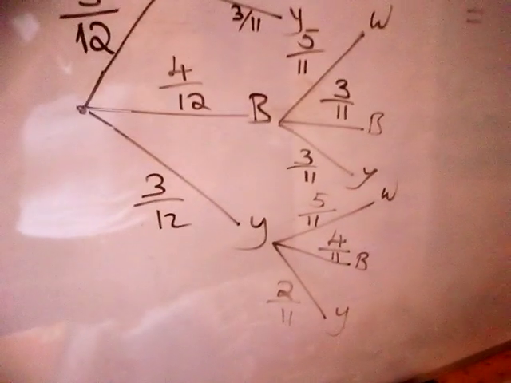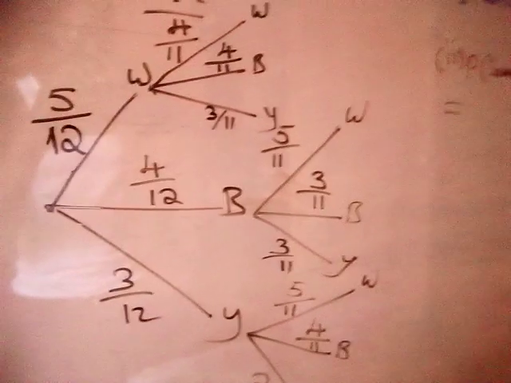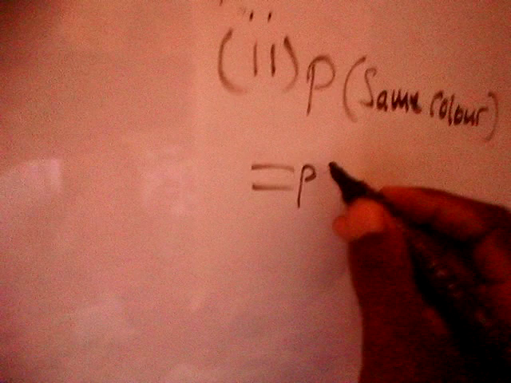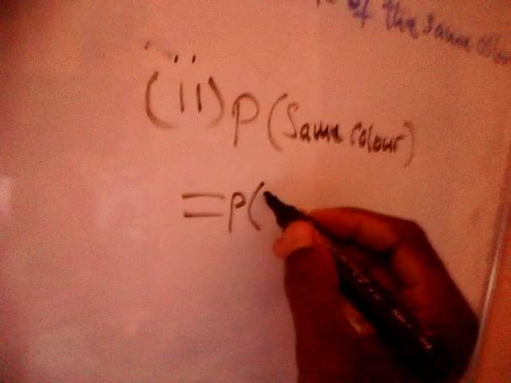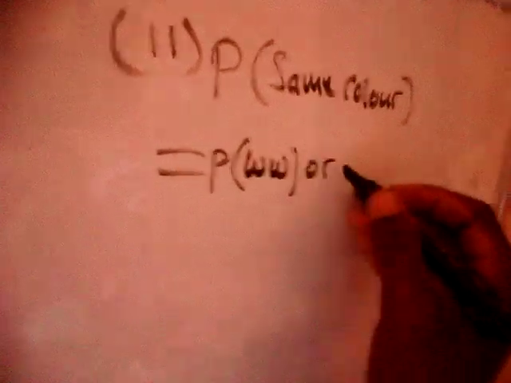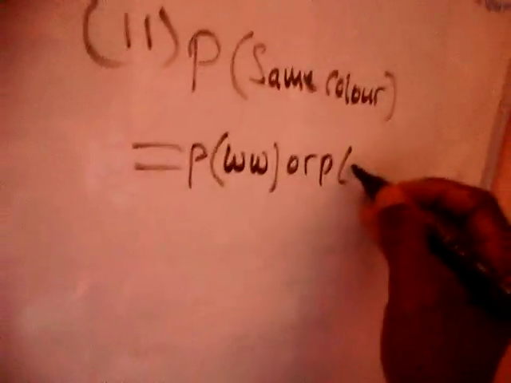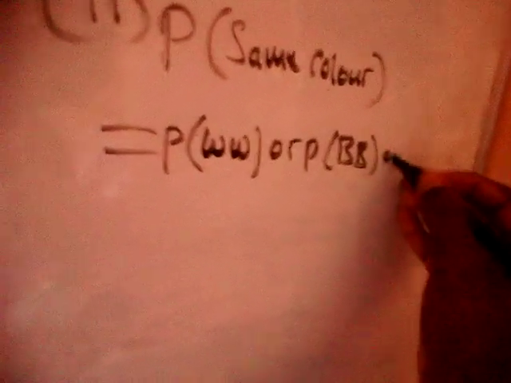That's what you need to do, because this is the probability of white, or the probability of blue, or still the probability of yellow. Then from there, we're simply going to add the probabilities.